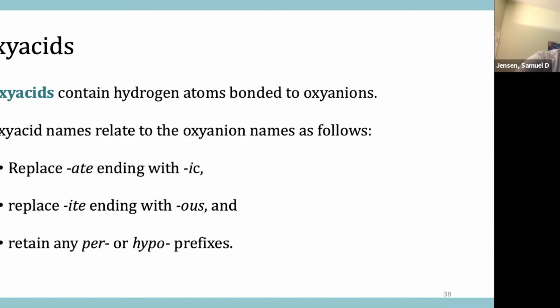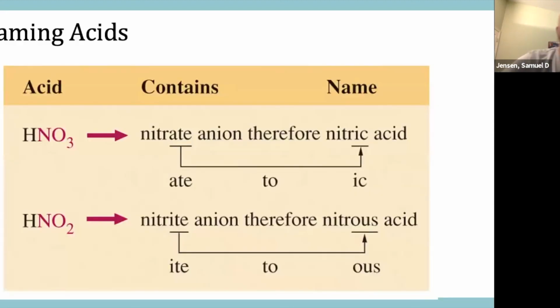Okay. Our oxyacids, so this is another one of these places where knowing your polyatomic ions is going to be helpful, because the polyatomic ion name gets modified to make the acid name. Okay. NO3 is the polyatomic ion nitrate.